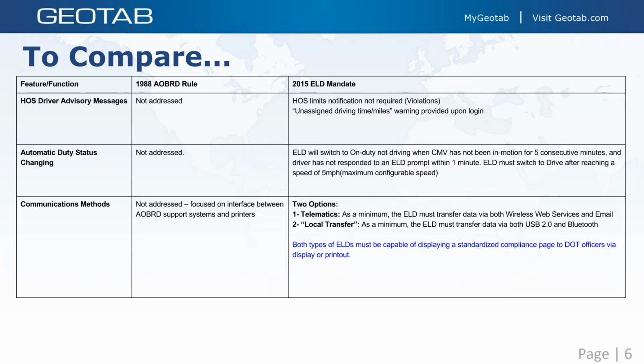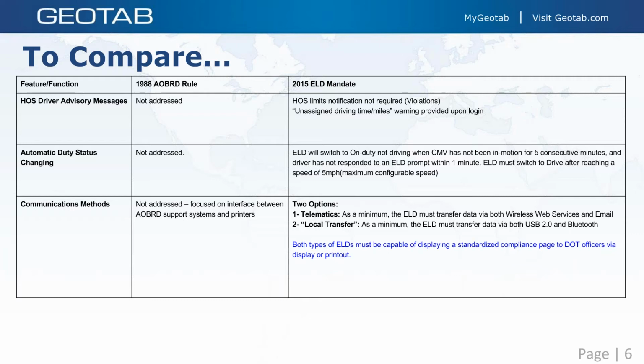Would you still like to remain on drive? For an additional minute, if there's no action by the driver, then the ELD switches you over to on duty. The ELD must switch to drive after reaching a speed of 5 miles per hour. So as soon as that speed is hit, it has to switch you over to drive status.